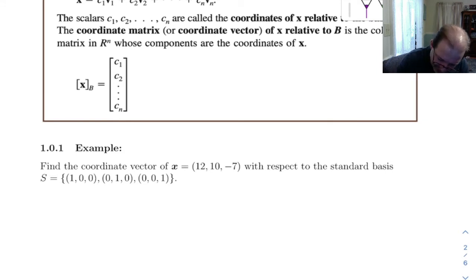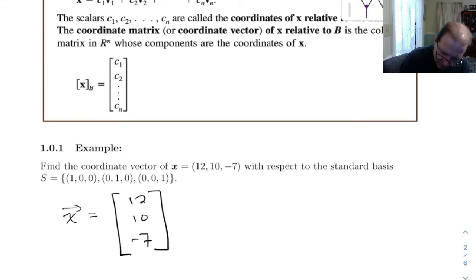Well, it's the standard basis, so what we've got here is X. It's going to be 12, 10, negative 7, because it's 12 times this guy plus 10 times this guy minus 7 times that guy to get our coordinate vector. And I guess I need to be careful here. Notationally, I should put a bracket around this, and then there's a subscript here with the basis name. So X sub S is just 12, 10, negative 7.